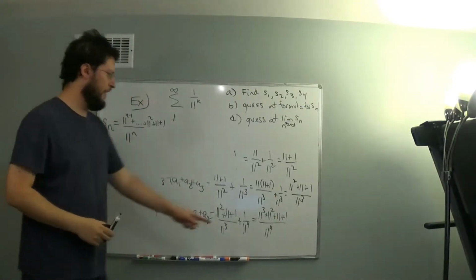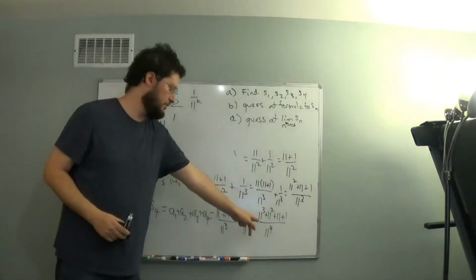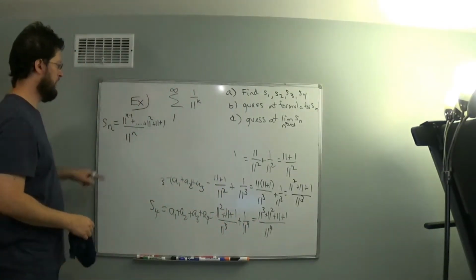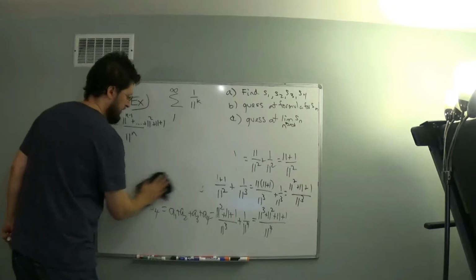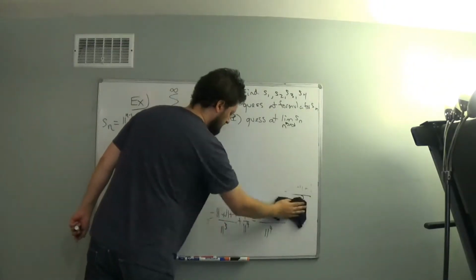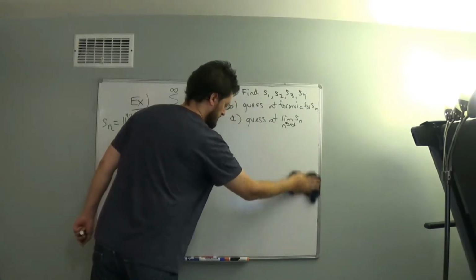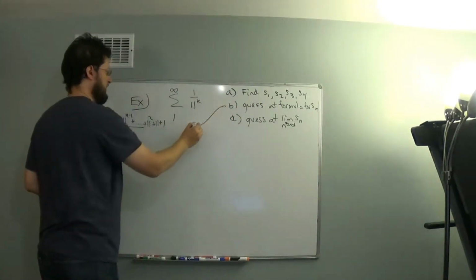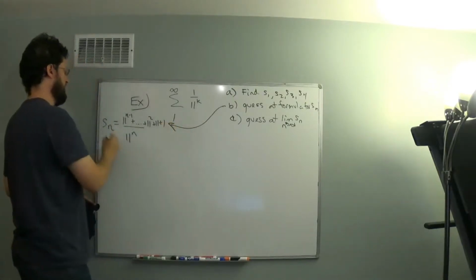Notice that the final exponent in the numerator is 1 less than the denominator, which is exactly what I wrote right there. Denominator is 11 to the n. So this is the answer to part B.